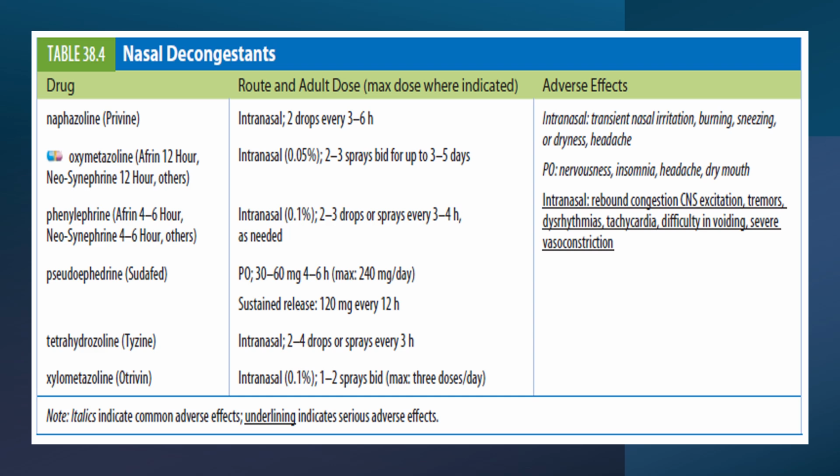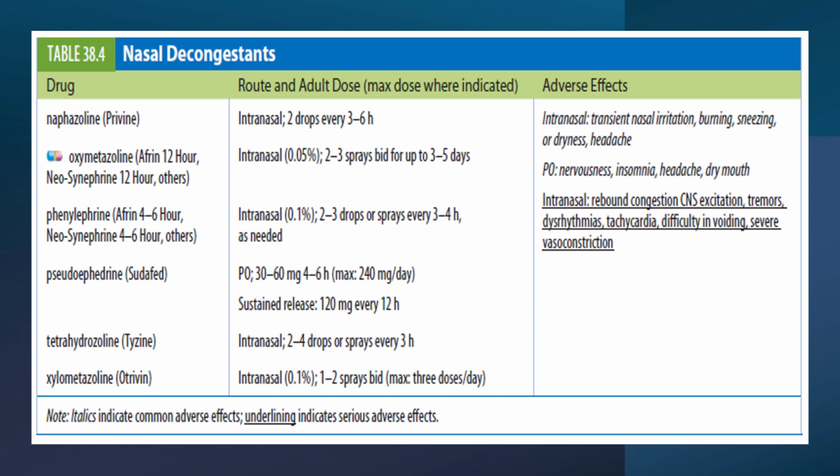The possibility of systemic adverse effect is also greater than the oral drugs. Potential adverse effects include hypertension and central nervous system stimulation that may lead to insomnia and anxiety.